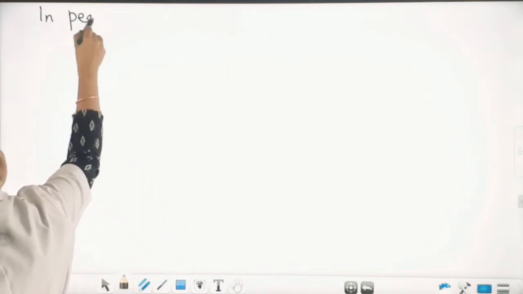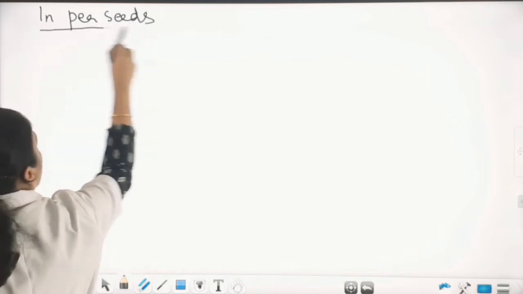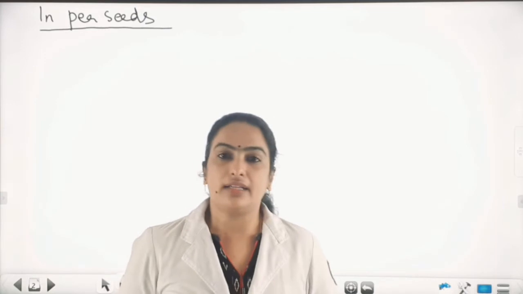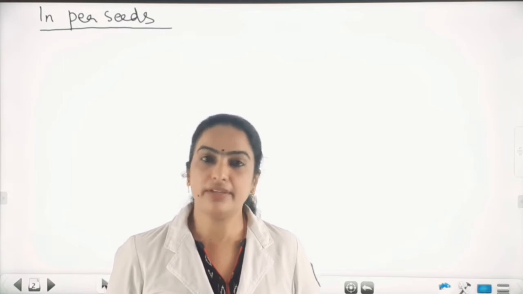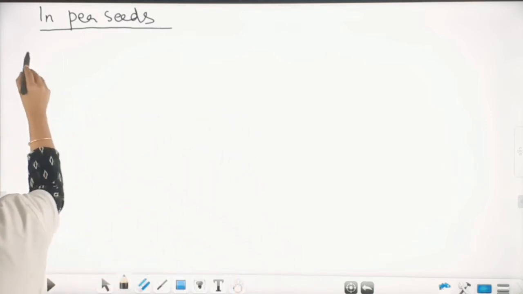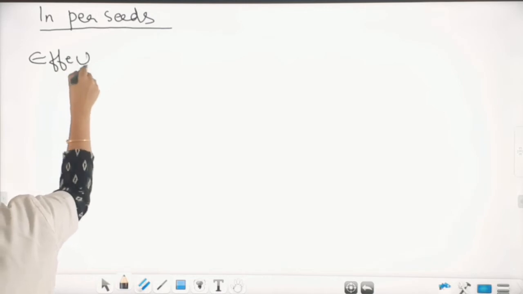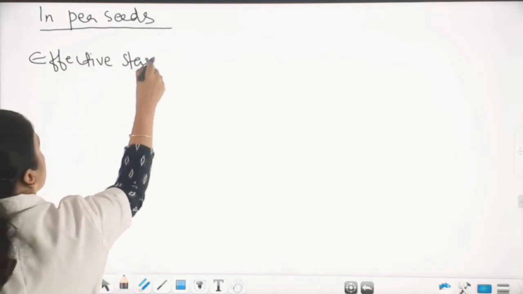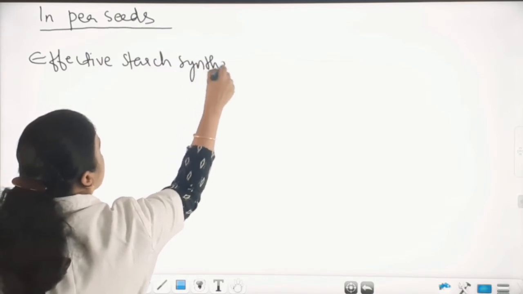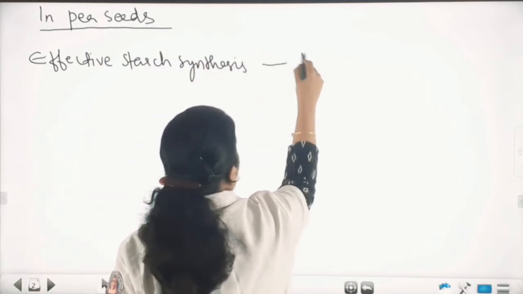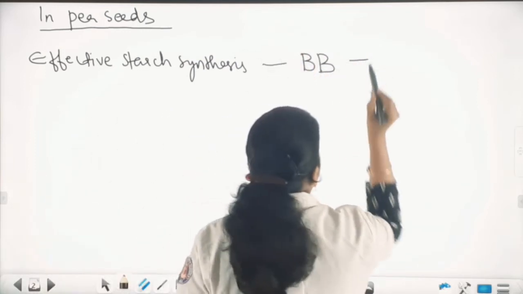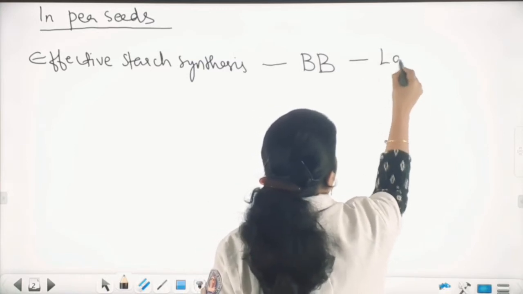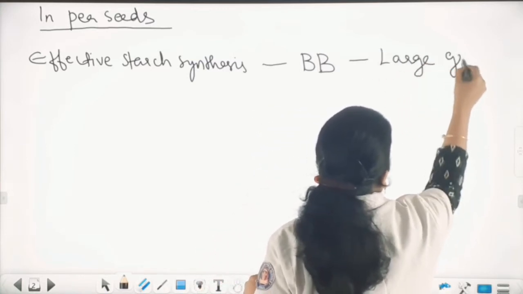So, in pea plants or in pea seeds, the starch is synthesized very effectively by the homozygote. So very effective starch synthesis is done by the capital B homozygote. Okay, so the starch grain size is large.